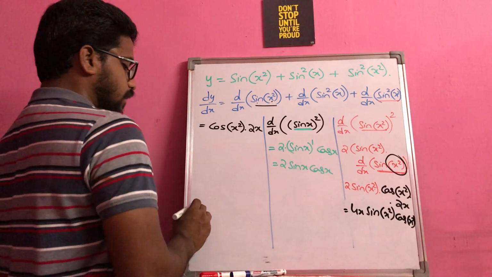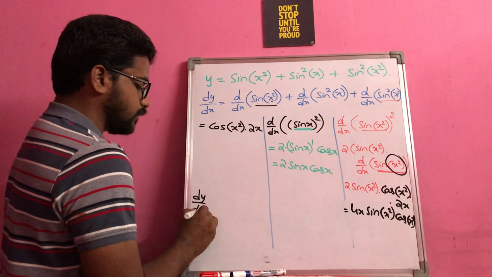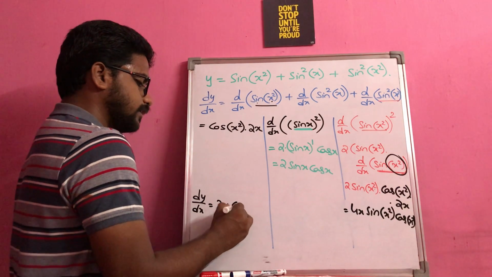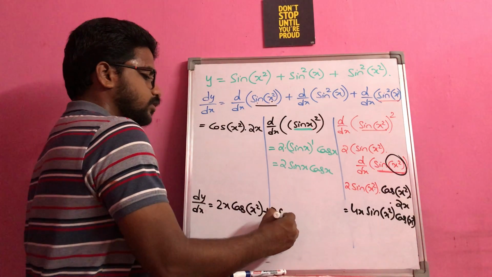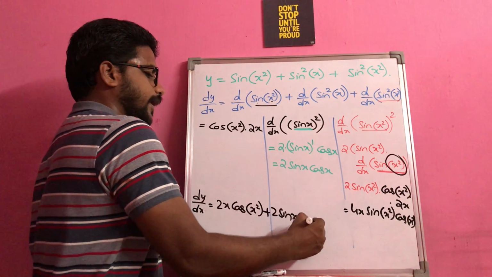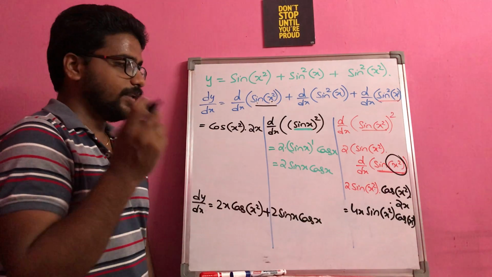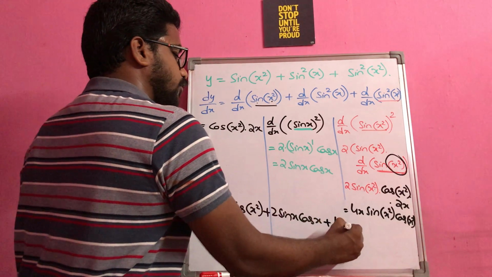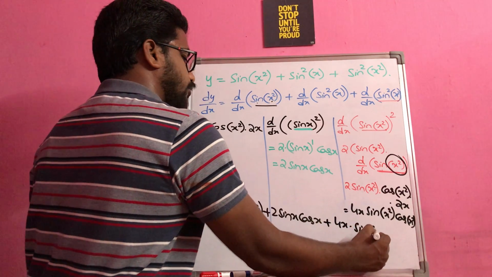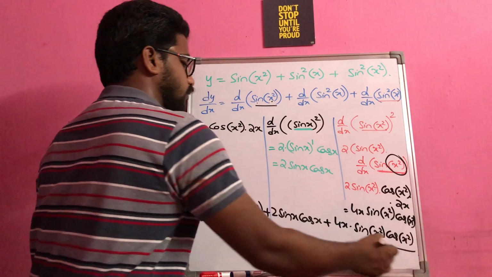So finally my answer is the addition between them. dy by dx is equal to 2x cos of x square plus 2 sin x cos x. If you want, you can write this as, please try to recall the formula, nothing but sin 2x. Plus 4x sine of x square cos of x square.